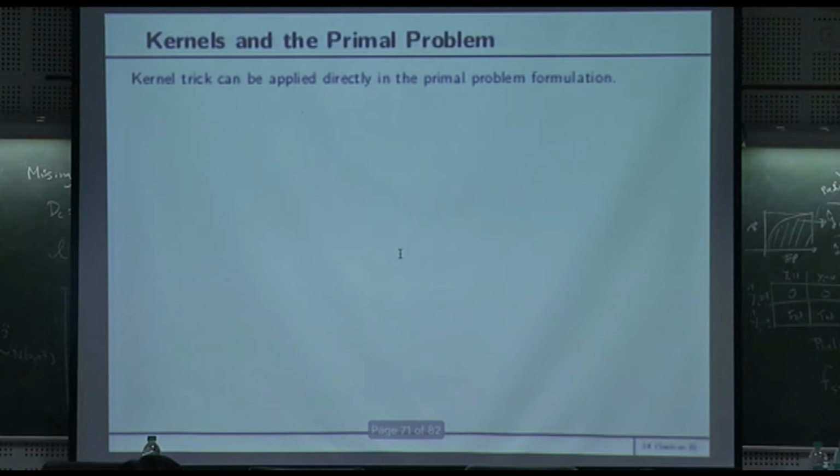What I'm talking about in the next few slides is going to be more mathematical, less practical, but it will give you an idea of what kernels do and why kernels are starting to become so important.